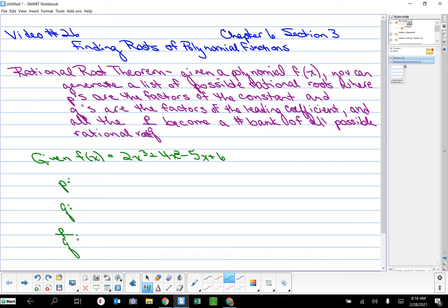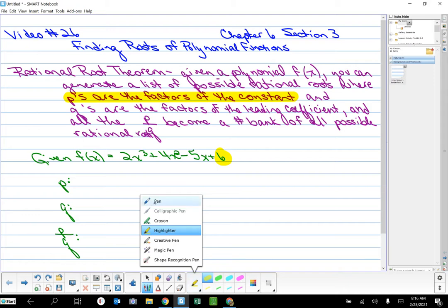I'll show you how we do that. The p's are the factors of the constant. Remember, the constant is the number without a variable, and we want the factors of that number.